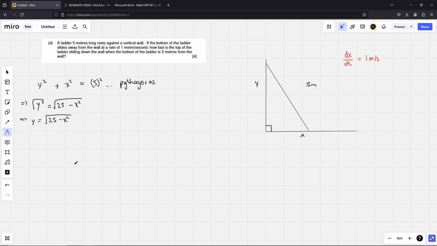Now, because we're going to take the derivative of it, we can also write this as 25 minus x squared raised to the half power, because this is power over root. This is just exponent laws.